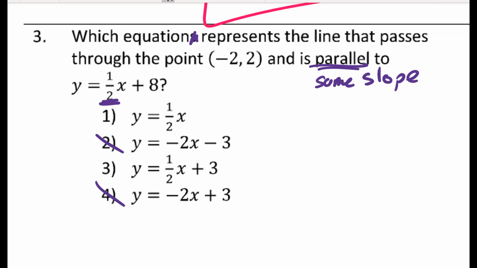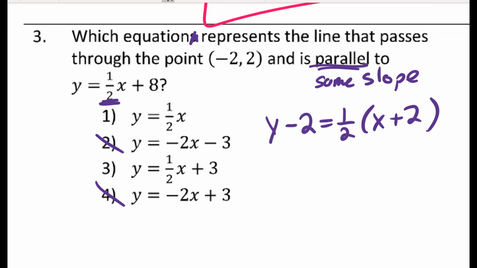And if it needs to go through the point negative 2, 2, you've got two options. You could try substituting in this point into x and y to see if it makes the equation true. Or you could just set up the equation in point slope form. Something like this.